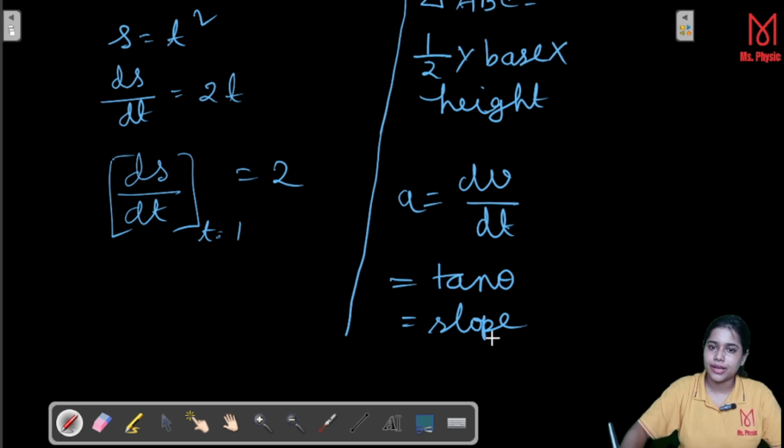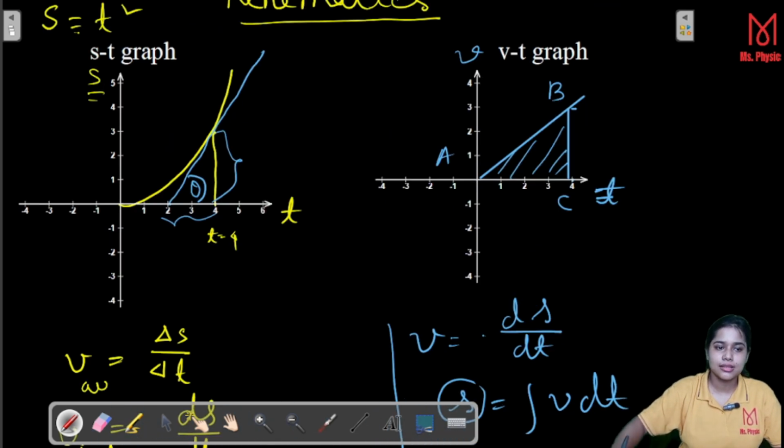Same way, here also if the v equation is given, then with the help of it you can calculate a. Also, if theta is known to you, suppose here theta is known, here the slope is this, and the slope would also be the same here. So if theta is known to you, then you can calculate tan theta.